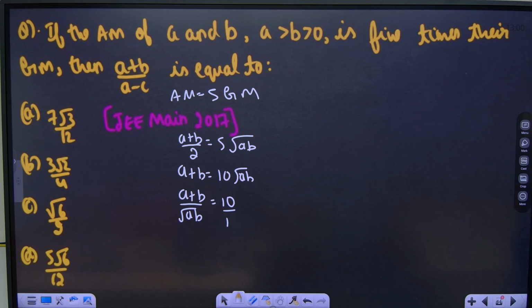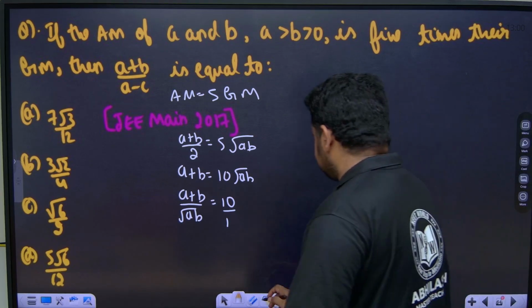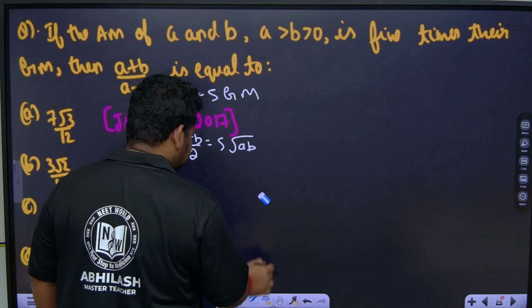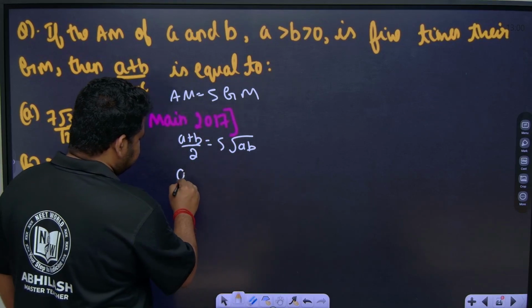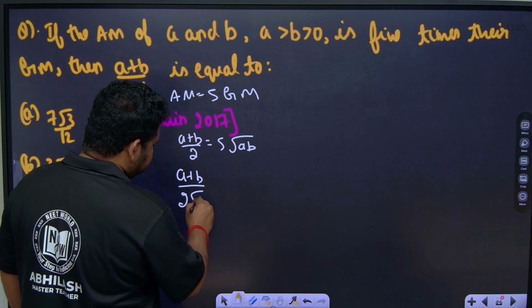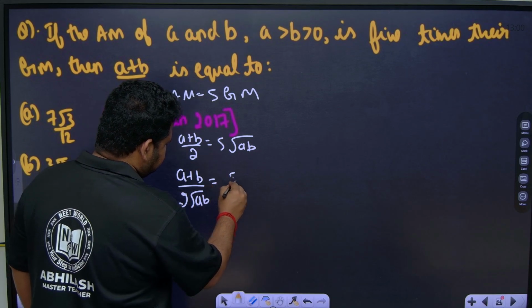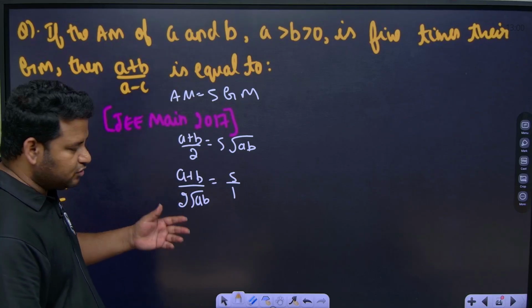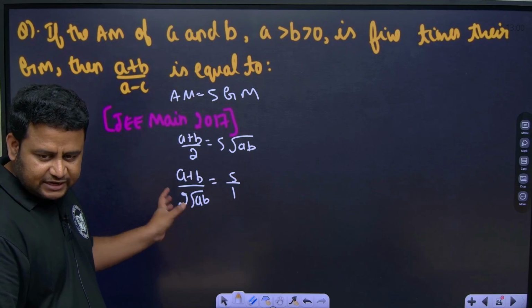Instead of taking 10, take it as just 5. See here, just one small correction. If I keep A plus B by 2 times root AB is equal to 5 by 1, I'll get some useful result. Componendo and dividendo means first for the numerator you add the denominator.